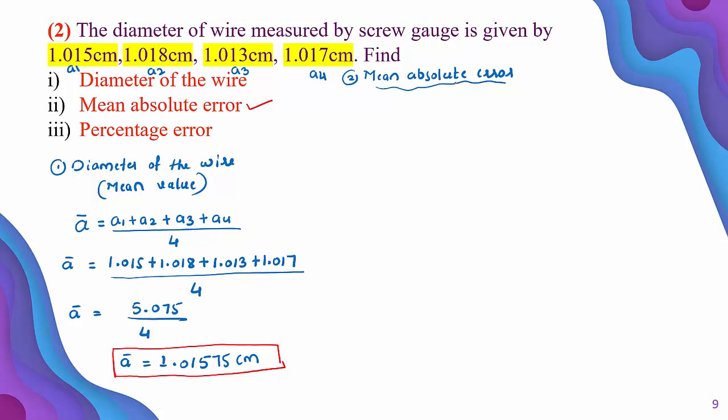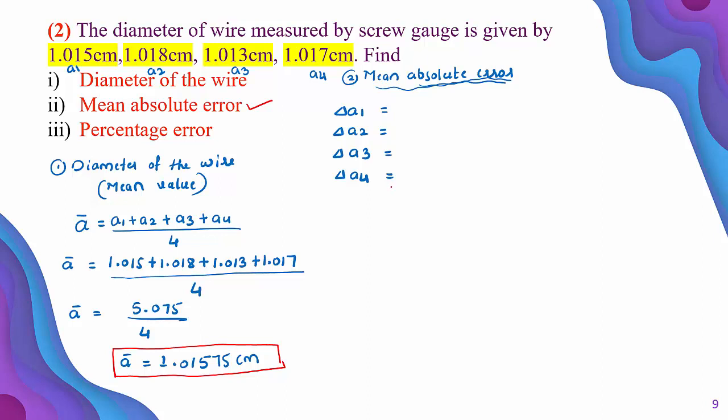That means first I have to find the values of delta A1, delta A2, delta A3, delta A4. These are equal to mean value minus measured value.